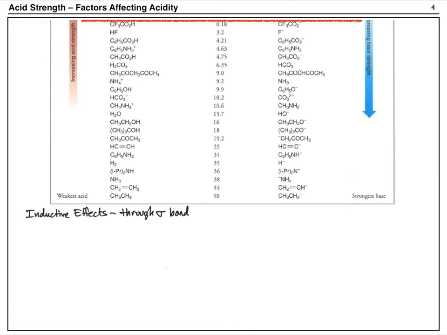So if we draw out trifluoroethanoic acid, and I'm going to put in all the lone electron pairs on the fluorine.